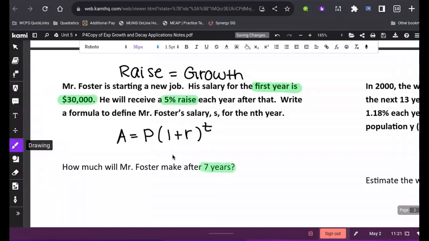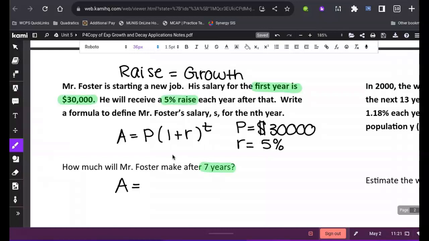So we want to find the amount, which is equal to, so P is our initial amount. So we started out making $30,000 the first year. He's going to receive a 5% raise, so we need to do 5% divided by 100.